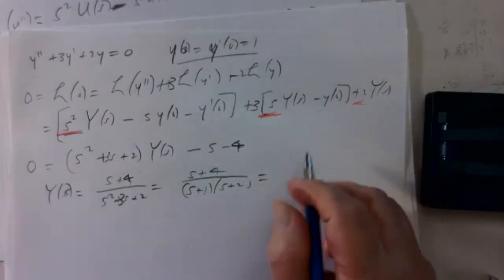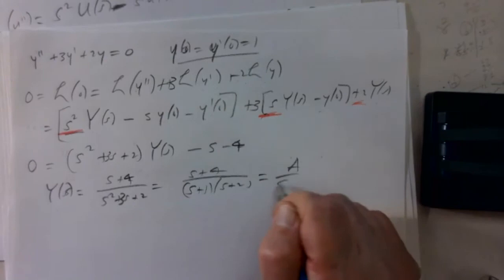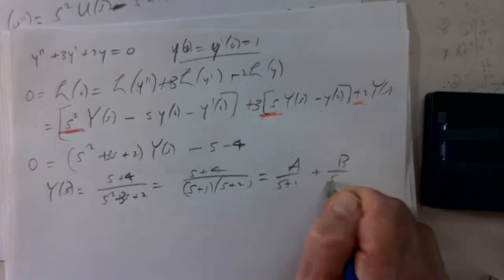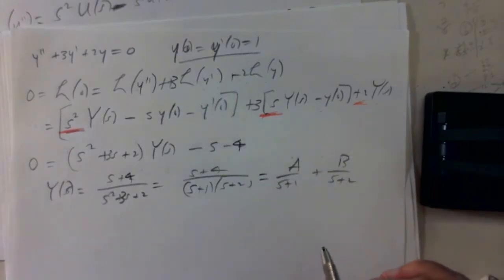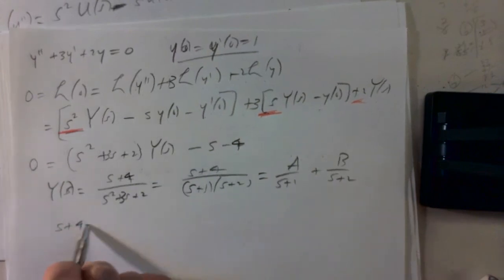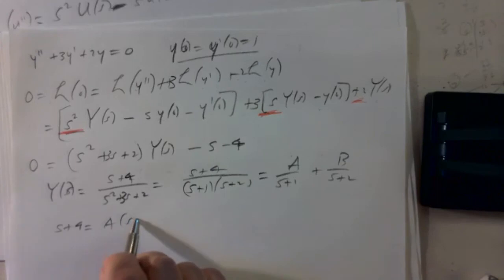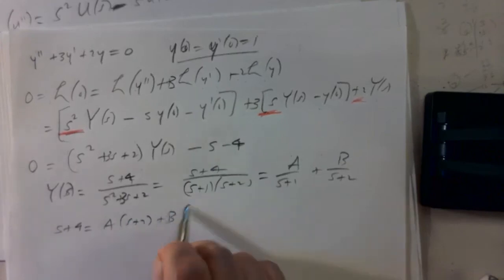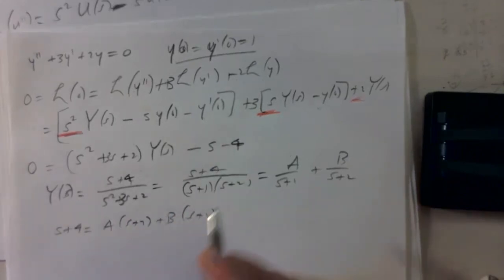And the easiest thing to do, if you remember calculus, is try to write this in partial fractions. That means s plus 4 is A times s plus 2 plus B times s plus 1.